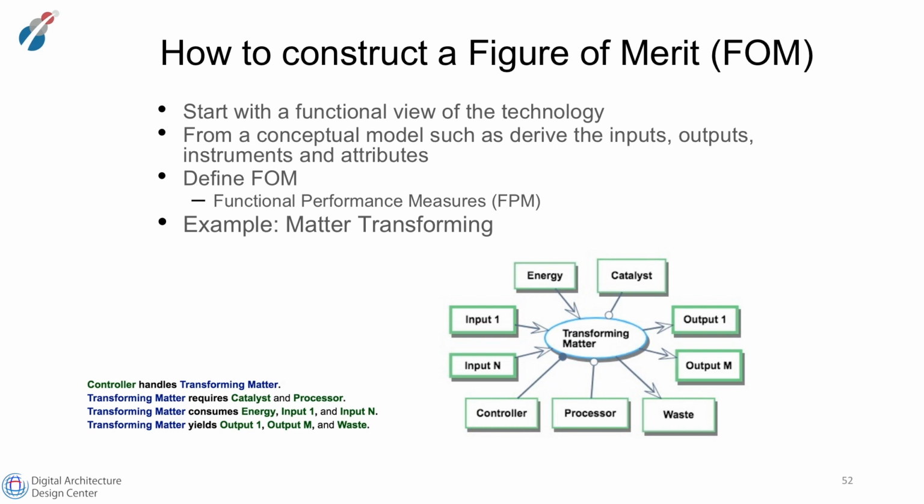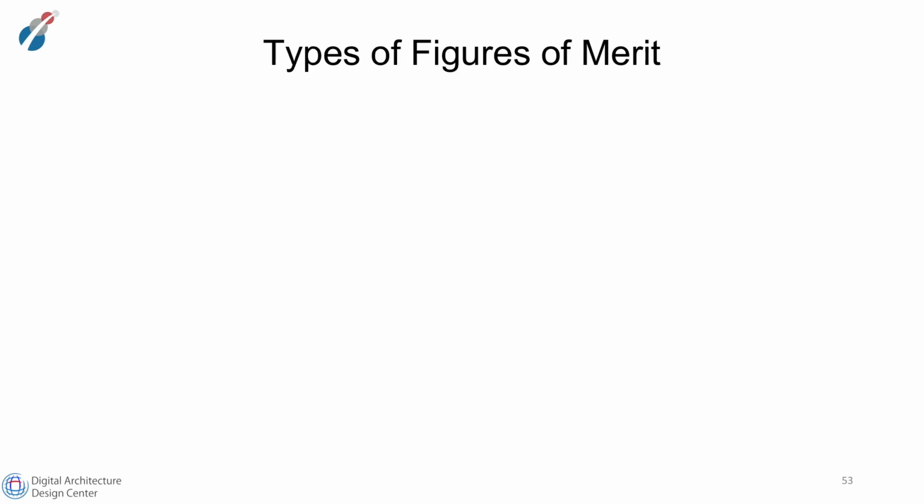Some will be more interesting or important to some stakeholders than others. And so I encourage you in your work for Society 5.0 and the work of the DADC to define figures of merit and quantify the performance and the life cycle properties of these systems using real figures of merit.